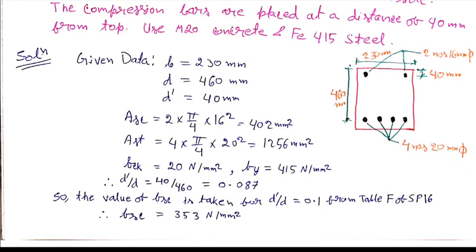To find fsc from Table F of SP16, which you have seen in this video already, we know there is no value for 0.087; there is a value for 0.05 and a value for 0.1. Just like I told earlier, we take the higher value, so we consider d dash by d equal to 0.1 from Table F of SP16. So the value of fsc is equal to 353 Newton per millimeter square.